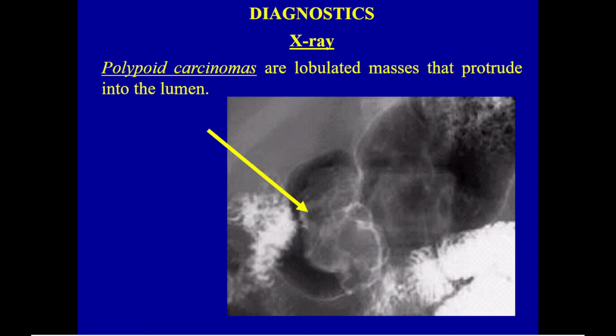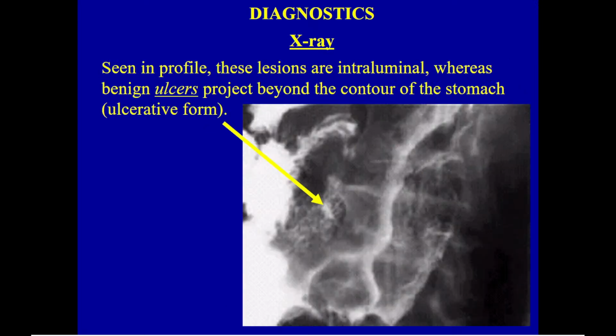Polypoid carcinomas are lobulated masses that protrude into the lumen. Seen in profile, these lesions are intraluminal, whereas benign ulcers project beyond the contour of the stomach, ulcerative form.